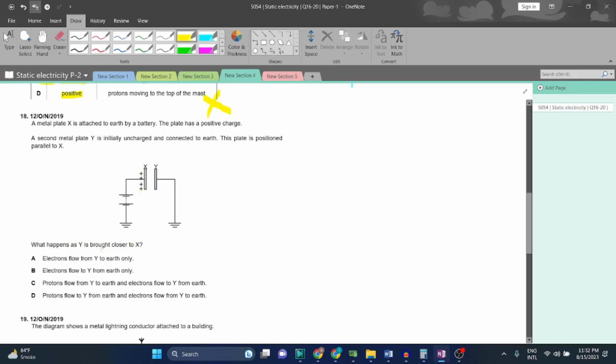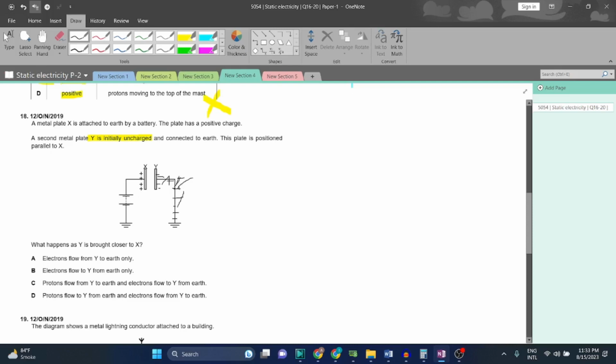X is positively charged and Y is uncharged, so what will happen is, when X, which is of course positively charged, is brought towards Y, then all the negatively charged particles of Y will come closer, while the positively charged particles will be cancelled out, because through the earth wire, negatively charged particles will come and cancel out the positively charged particles.